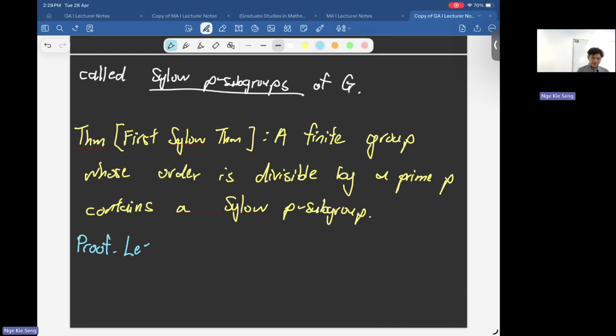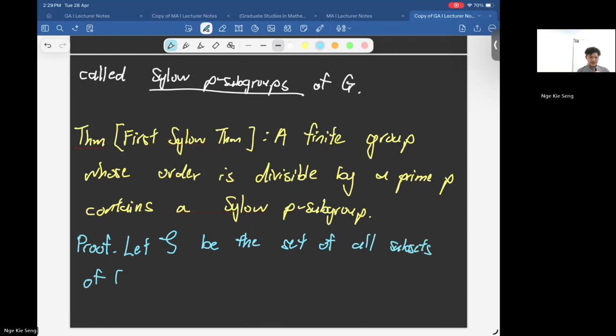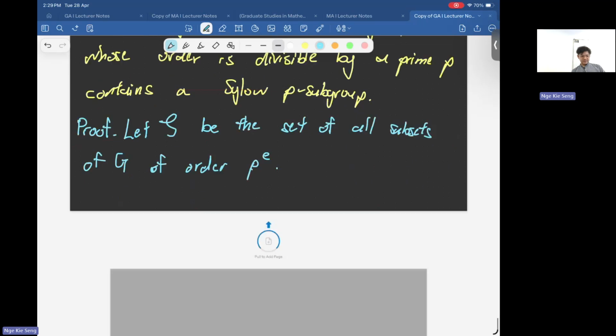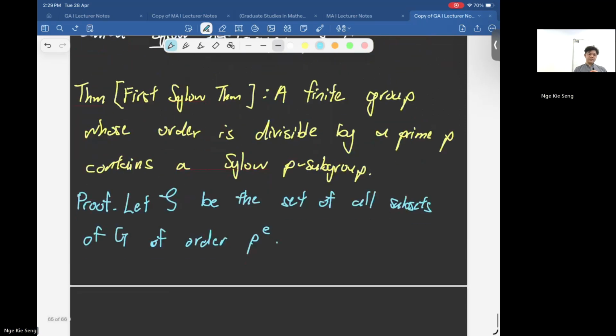So what they do instead is look at all subsets of G of order P to the E, the maximum E that exists. What's tricky is how we're going to find the subgroup.